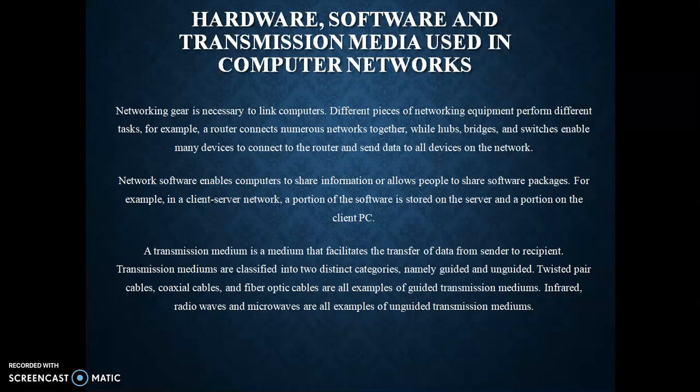Network software enables computers to share information or allows people to share software packages. For example, in a client-server network, a portion of the software is stored on the server and a portion on the client PC.